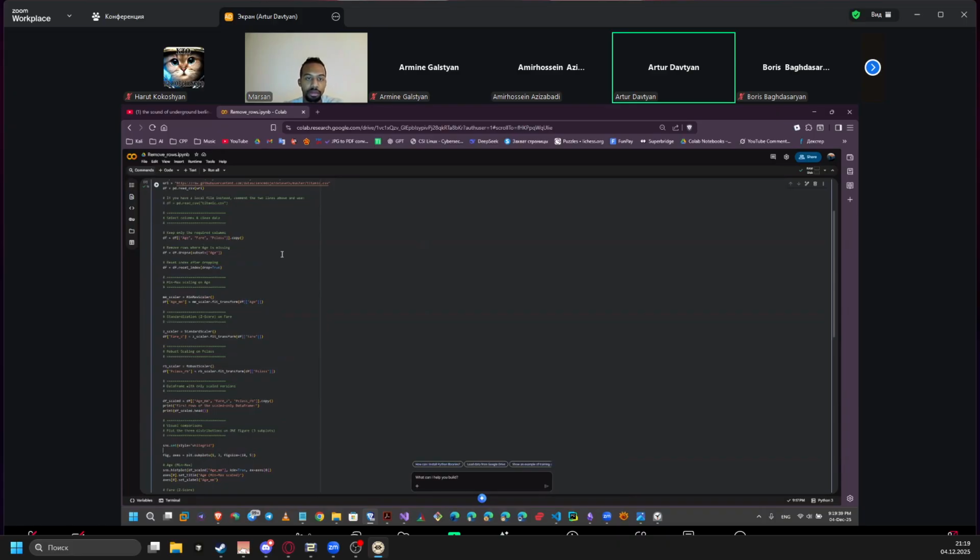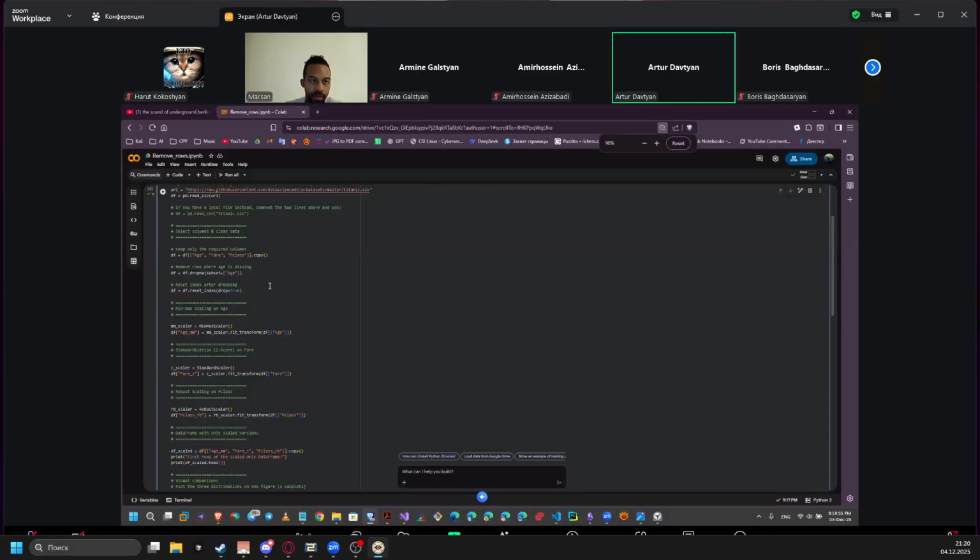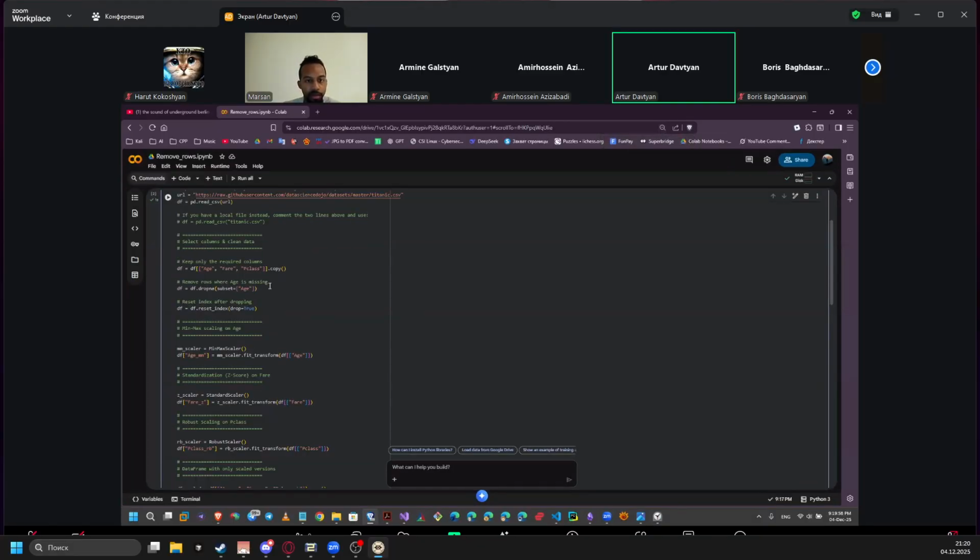Okay, that's min-max. So the first curve that you have. Let me just zoom out. This one, right? I ran it now, but it showed me just one curve.